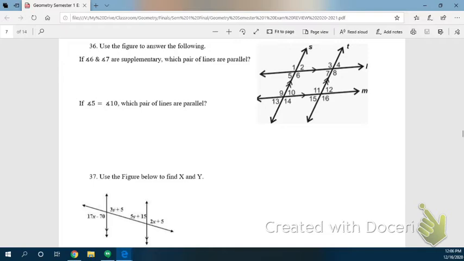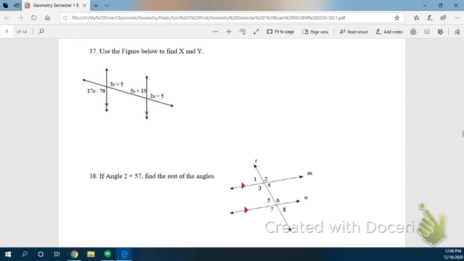37 gives us parallel lines, and we just need to solve for the variables. So with the parallel lines, there's a lot that you can do. I started by looking at alternate exterior angles. That would make these two congruent. 17x minus 70 would be equal to 2x plus 5.